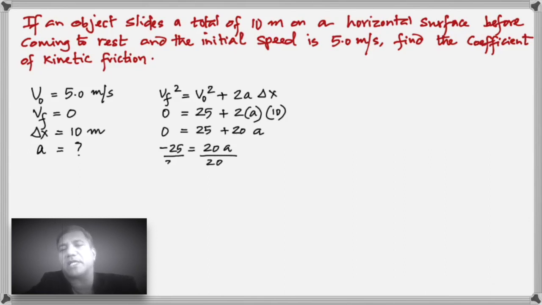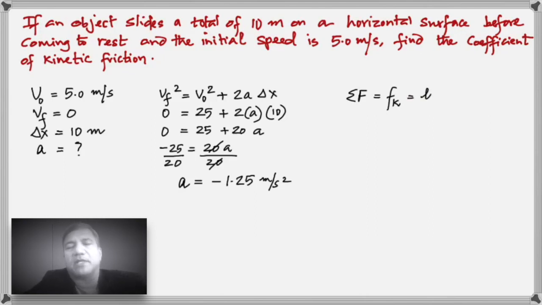And you will get the acceleration to be negative 25 by 20, as you can see here, which gives negative 1.25 meter per second squared. So that's the acceleration.